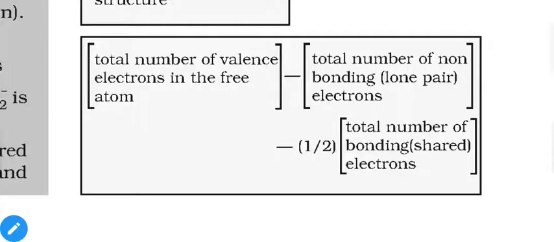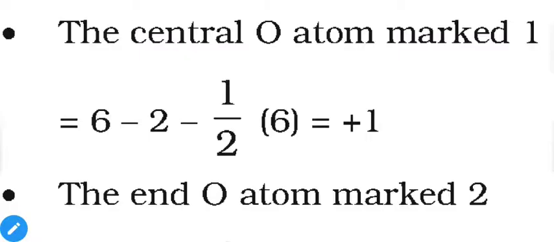Now concentrate on this equation. First, the total number of valence electrons in the free atom, minus the total number of non-bonding lone pair electrons, minus half of the total number of bonding or shared electrons. From that calculation, for the first oxygen, these will be our numbers.